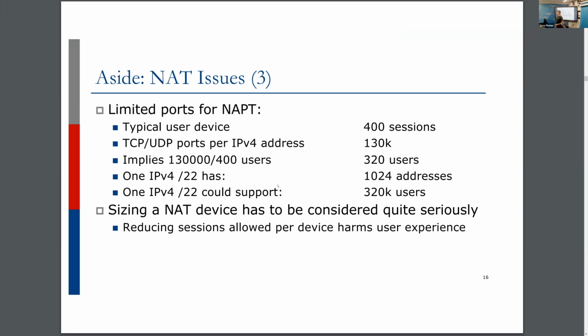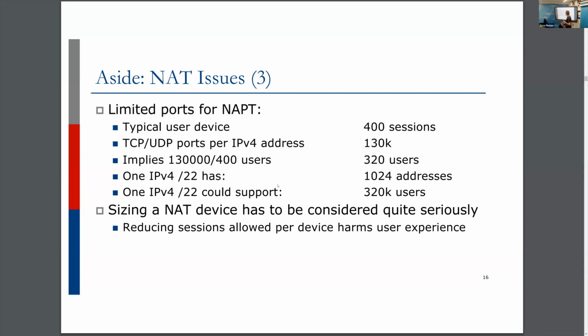We have a limited number of ports. We can't use the first 1,024 because they're all reserved generally. And if we're going to do something useful in terms of sessions, a typical user device, go and open up your operating system of choice and have a look at your current open connections. You typically run about 400 sessions.